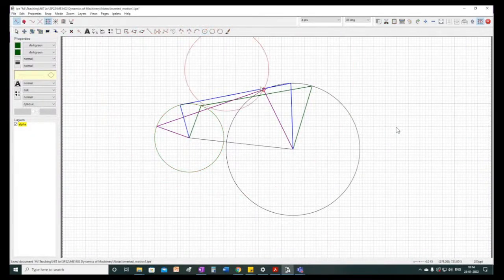Can you see the cursor? Yes, sir. Just consider this purple line. This is the first position of a four-bar linkage mechanism.